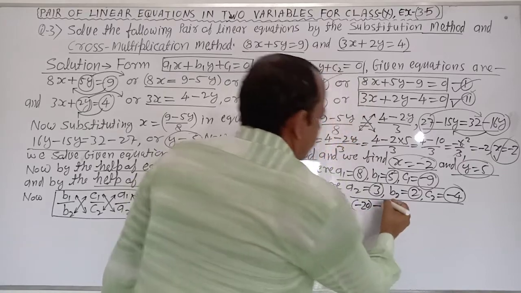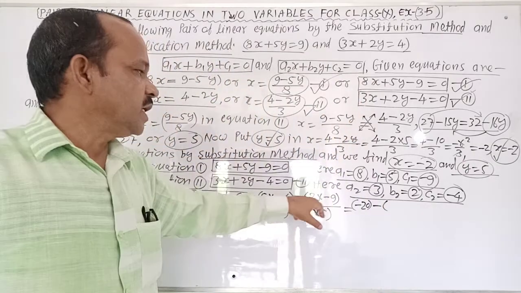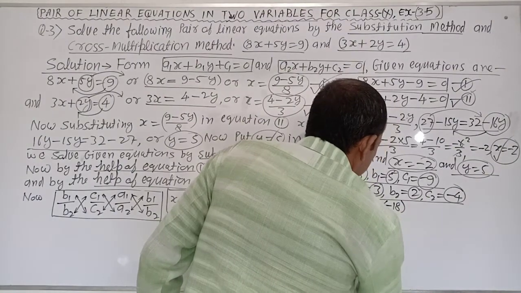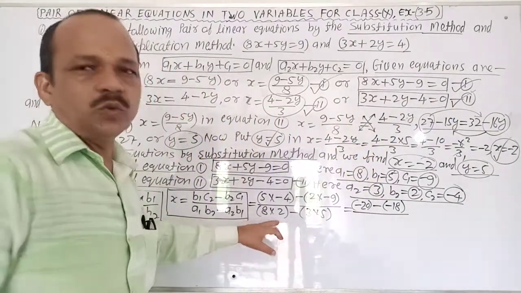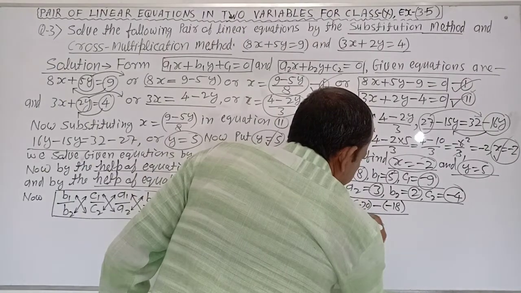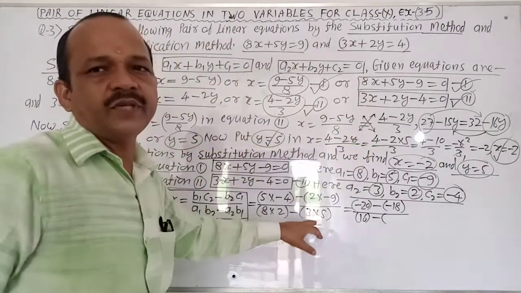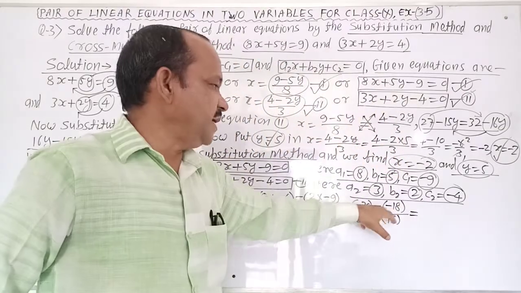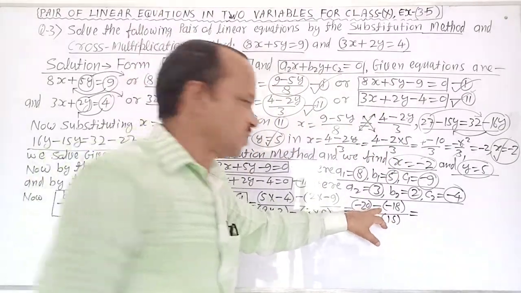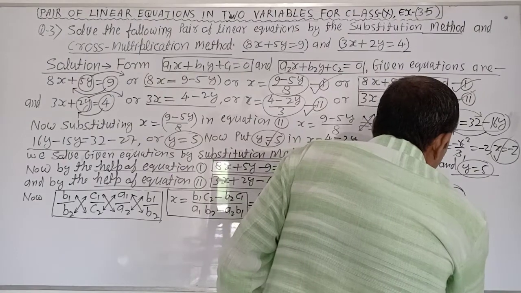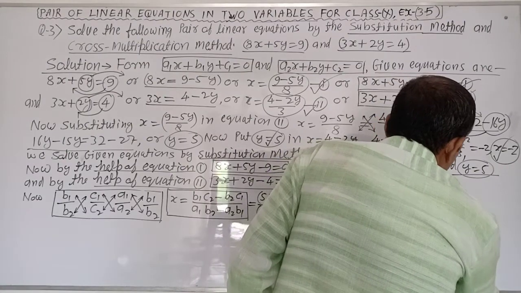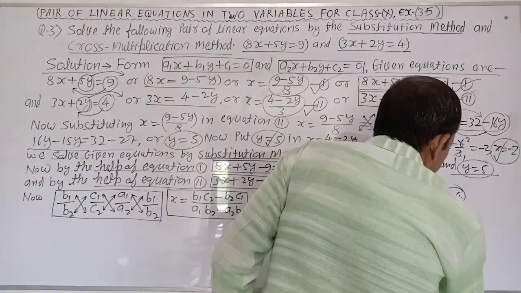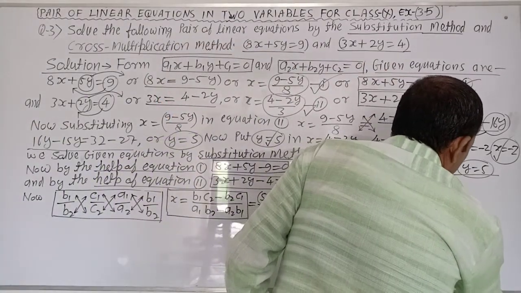you multiply it: 5 fours are 20, minus 20, minus minus 9 twos are 18, 8 twos are 16, 5 threes are 15. Equal to, here minus it becomes plus: minus 20 plus 18 upon 16 minus 15.